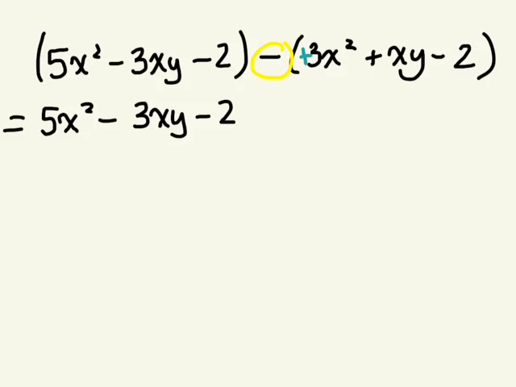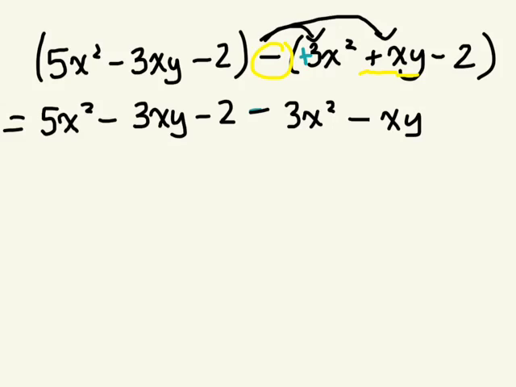Inside the bracket, it's a positive, so it becomes a negative, right? A negative times a positive is a negative, 3x squared. What happens to this positive xy when you distribute it? A negative and a positive becomes negative. And then we have a negative, and a negative is positive.